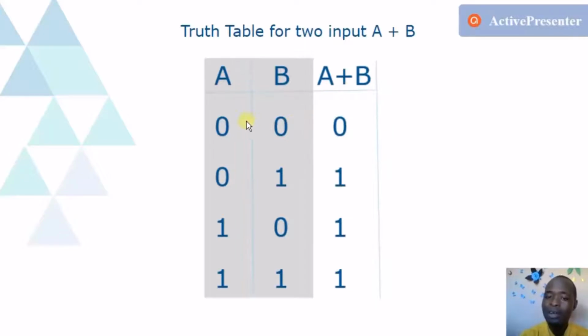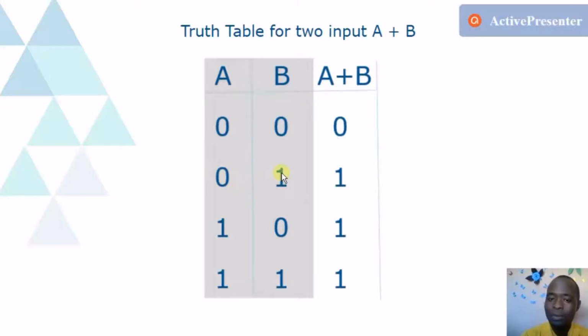Or when you have 0 under A and 1 under B, you have 1 as your output.